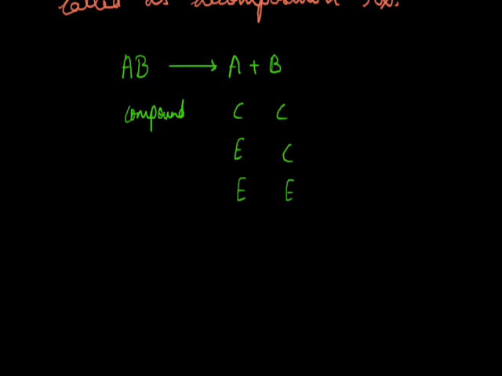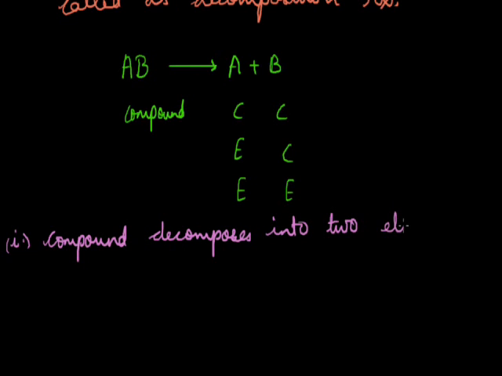The first type of this reaction we'll see is where the compound decomposes into two elements. The first example we can take is the decomposition of mercuric oxide, HgO. It will decompose to form mercury and oxygen.